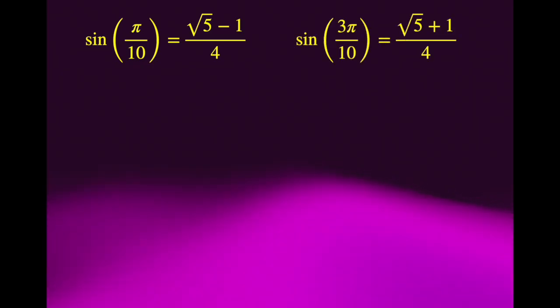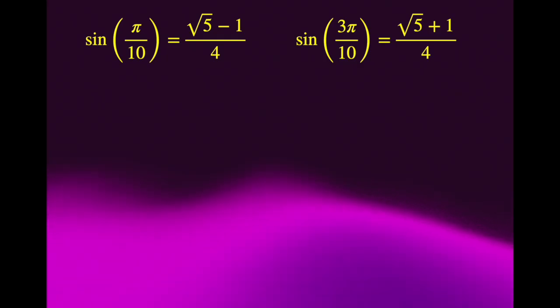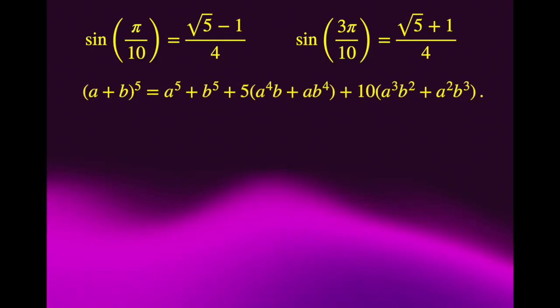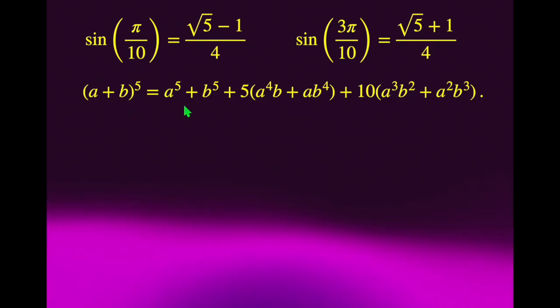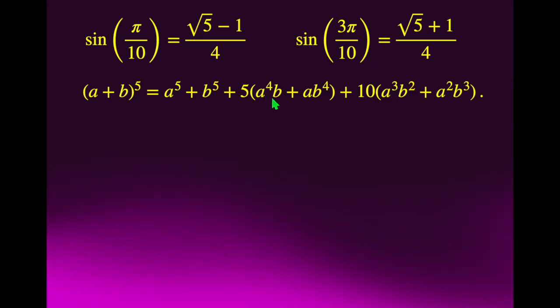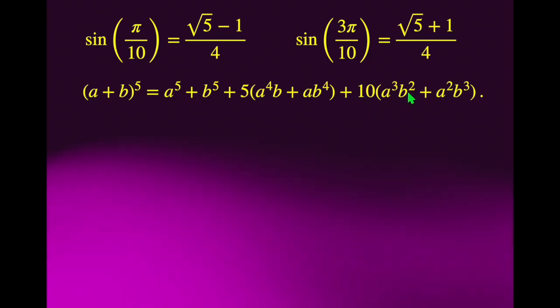Now we will compute sine pi over 10 and sine 3 pi over 10. So we start by recalling the Newton binomial formula of (a+b) to the power 5, which gives a^5 plus 5a^4 b plus 10a^3 b^2 plus 10a^2 b^3 plus 5ab^4 plus b^5.